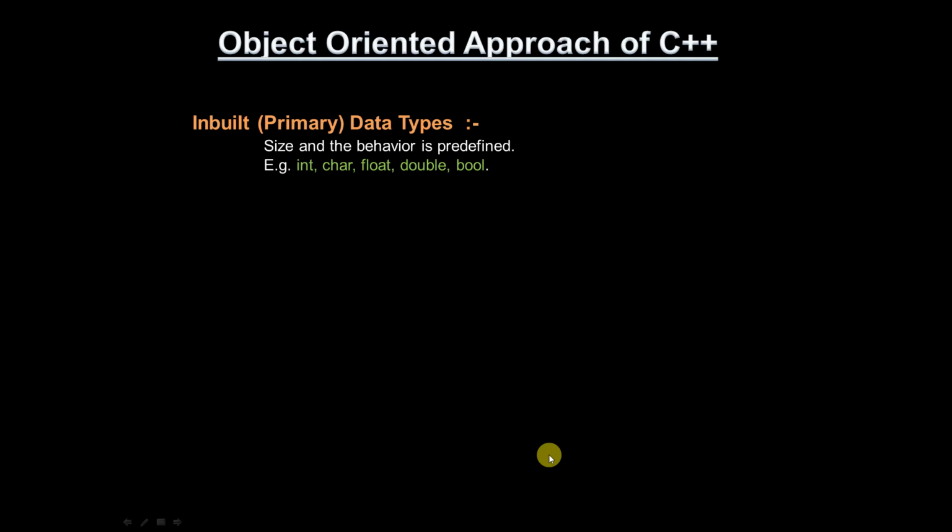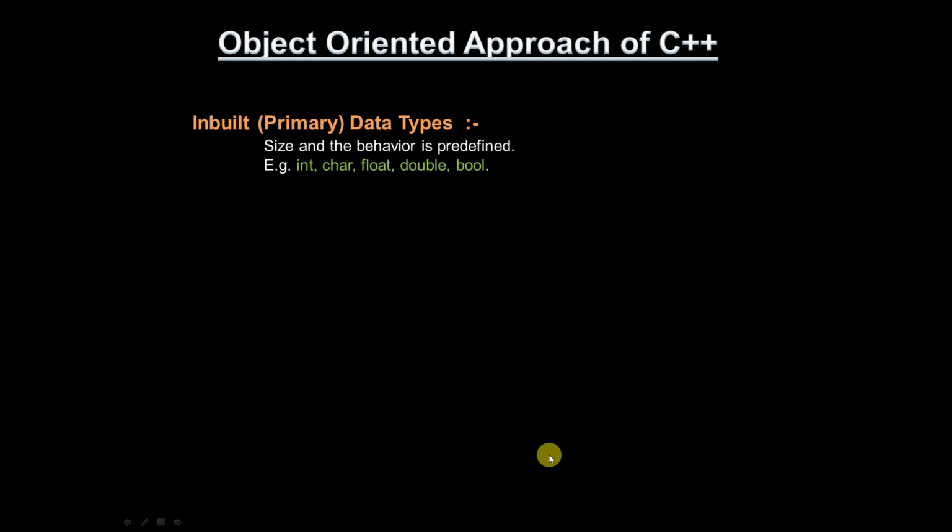Integer is 4 bytes and holds integer values. Char is 1 byte and holds single character values. Bool is 1 byte and holds true or false values, that is the behavior.